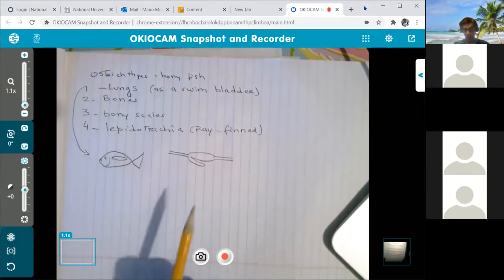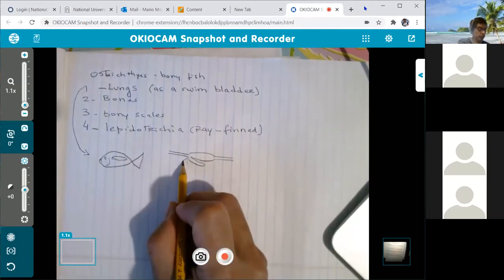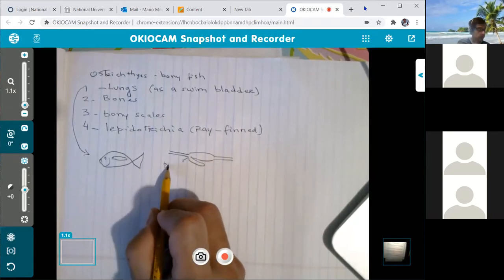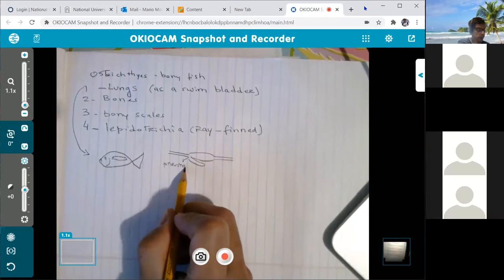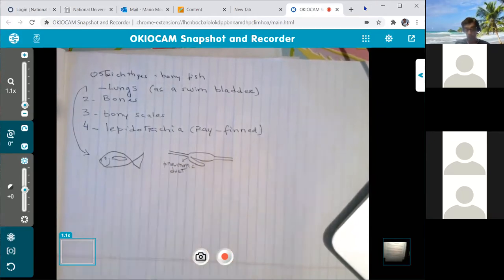This is still present in some fish. This little connection is called the pneumatic duct, and you still see this in the bichirs and the lungfish.